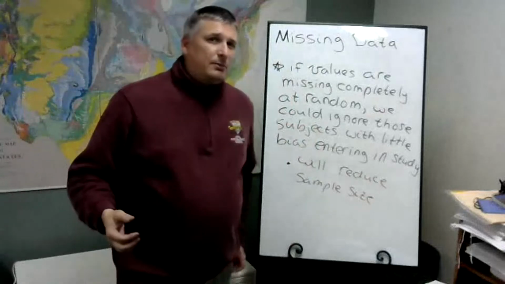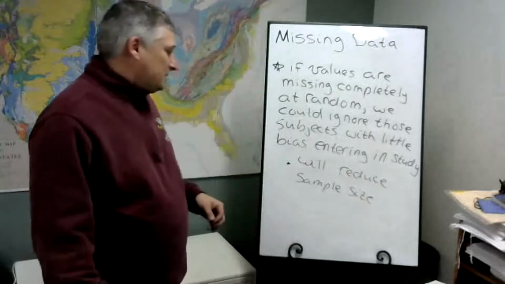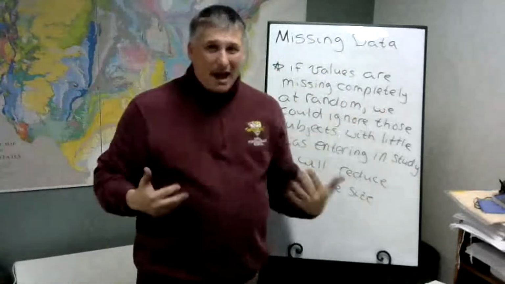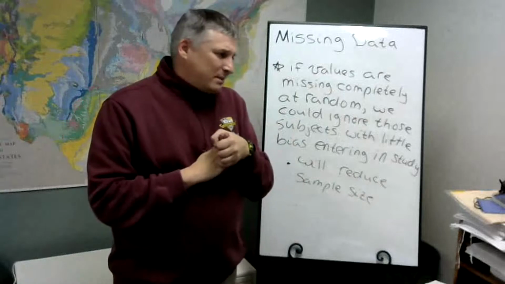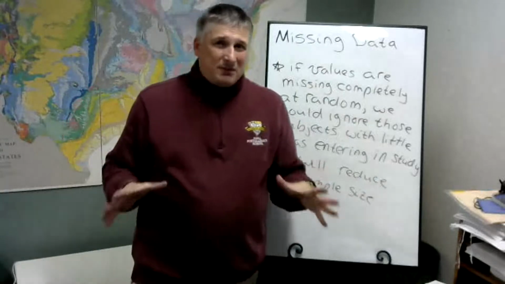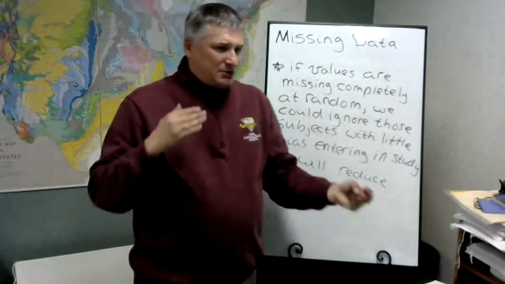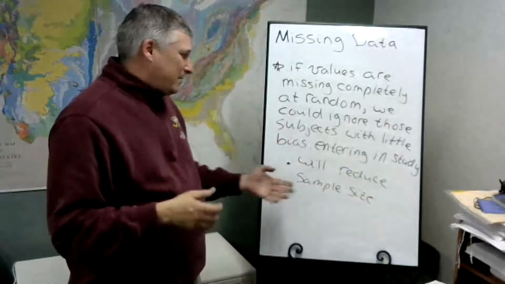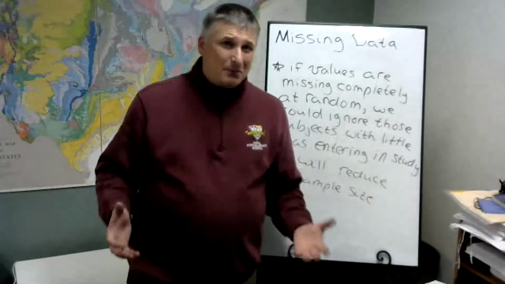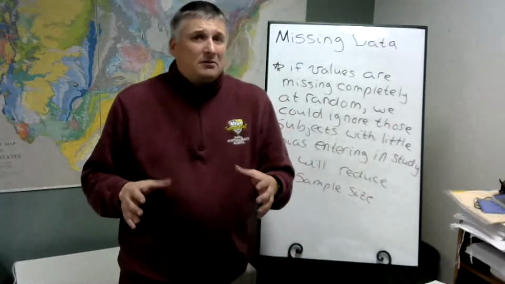Remember, when we come up with a sample, it's supposed to reflect the population. So when we're pulling subjects out, we're going to reduce the sample size, and well, we better hope that the sample that's left, even though there might not be bias regarding how the values were left out, we also might want to check the integrity of our sample, especially if we're dealing with a relatively small sample size.